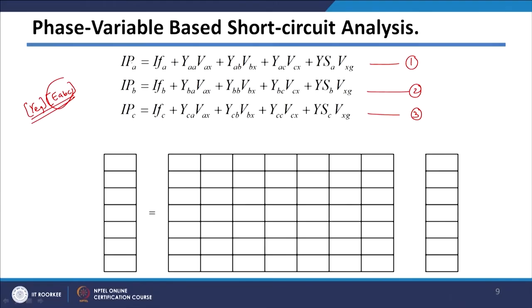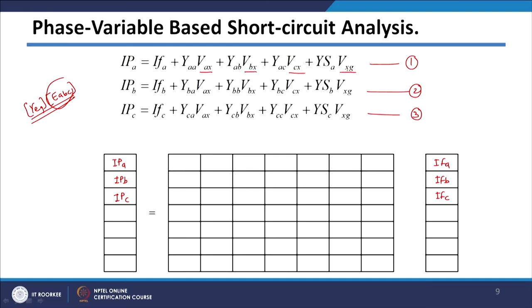So, from these three equations I can write IPA, IPB and IPC. Here the unknowns are IFA, IFB and IFC in these three equations, and the voltages VAX, VBX, VCX and VXG depend upon the various faults.